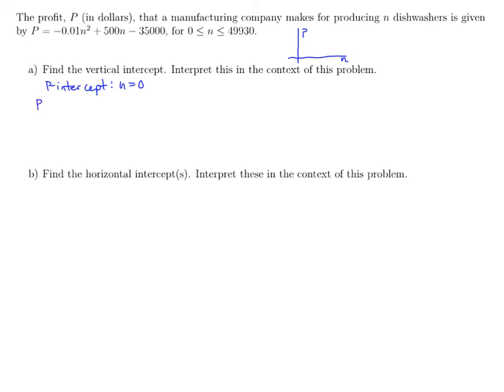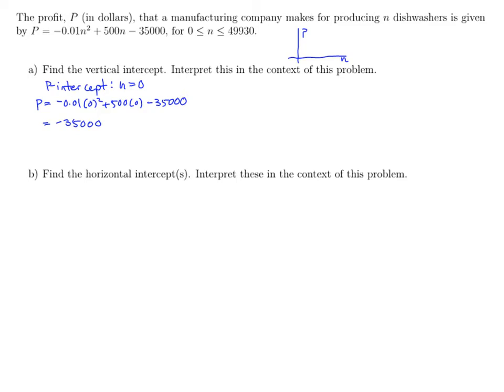So we'll have P equal to negative 0.01 times 0 squared plus 500 times 0 minus 35,000. And that will equal negative 35,000. So when N is 0, our value of P is negative 35,000. Given that P is profit, this doesn't quite make sense until we think about what's actually happening. If 0 dishwashers are produced, then they have a loss of $35,000.